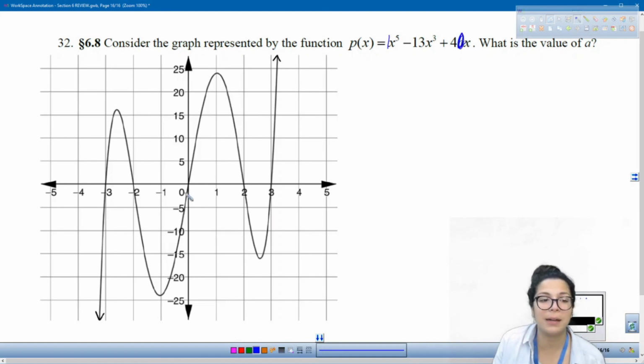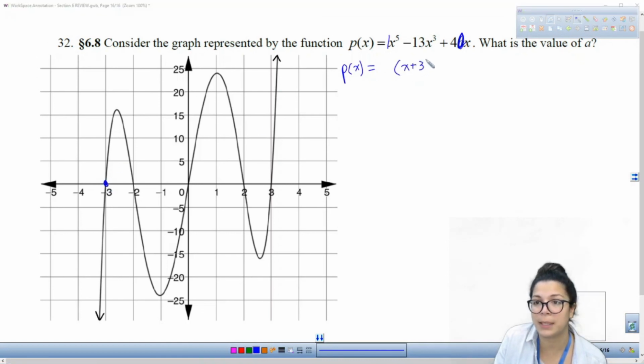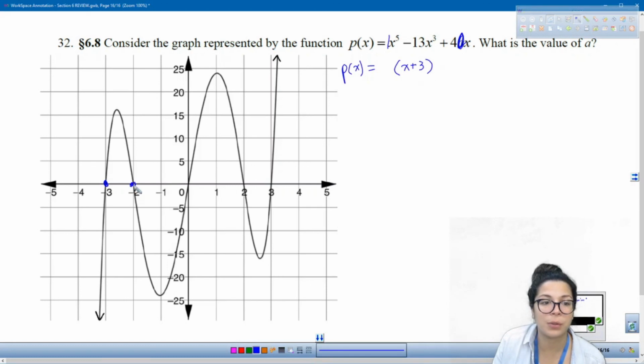So what I need to do is figure out what this polynomial's equation is, so I can compare it to this equation. I can figure out the polynomial equation by taking each factor. This is a 0 of negative 3, which would have a factor of x plus 3. Then this 0 of negative 2 has a factor of x plus 2.